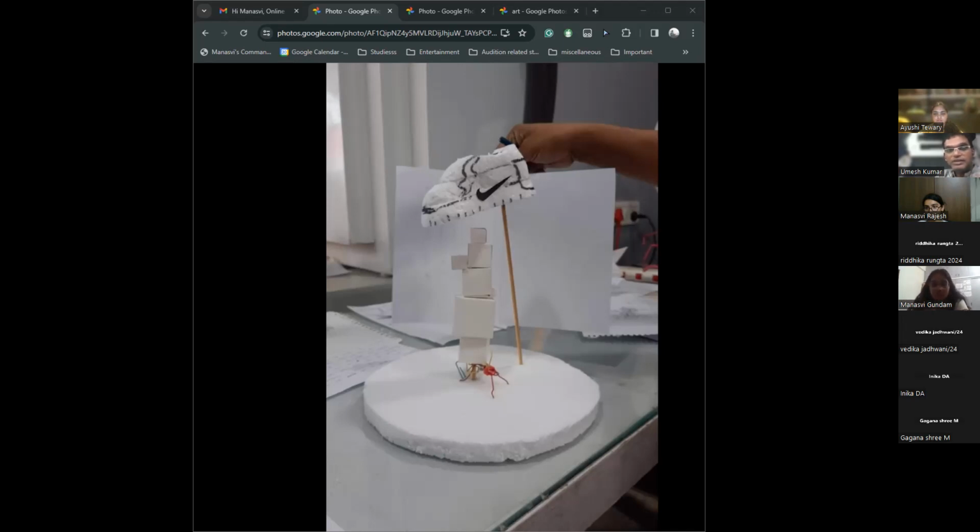So can we go with the next idea or next model? Yes, I was trying to find something. If you could just give me a second, I'll open up the other tab.